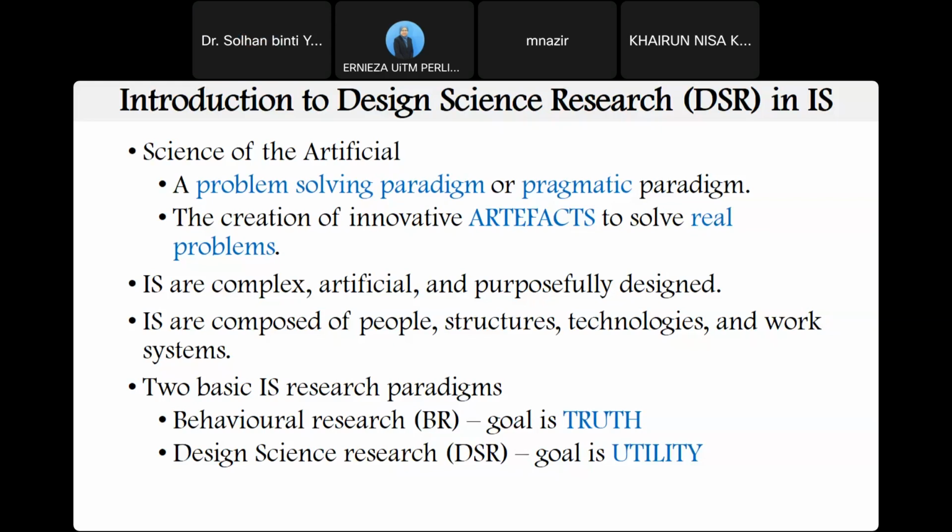By doing this, we can identify the knowledge contribution from these activities. So to attract industry partners to understand our work from the academic point of view, I think design science is a good framework.